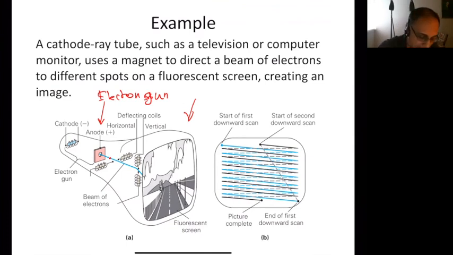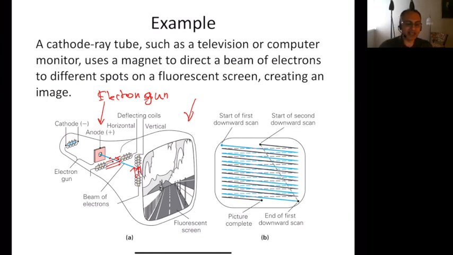So one magnetic field would be like this, and another magnetic field can be like this. So the magnetic field that's horizontal would deflect the electrons in the vertical plane, and the magnetic field that's vertical would deflect the electrons in the horizontal plane. So that way you can deflect the electrons to whichever point on the screen you want, right?